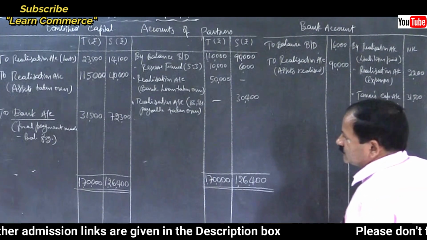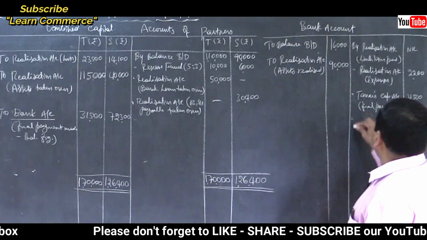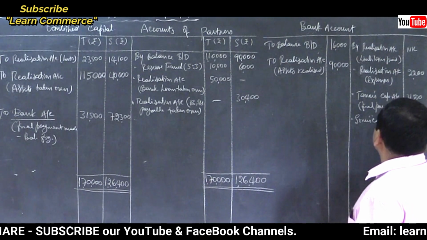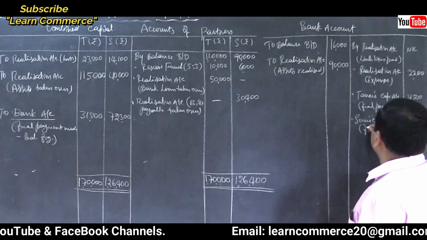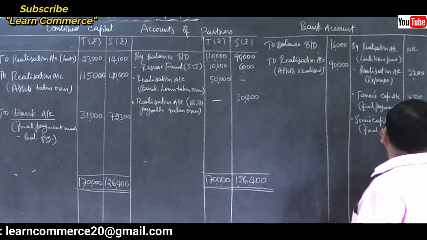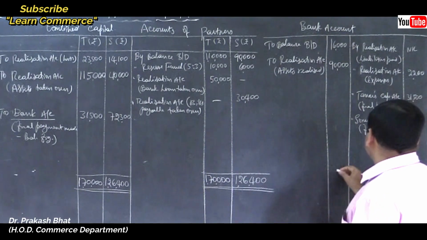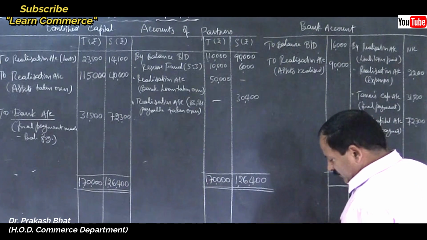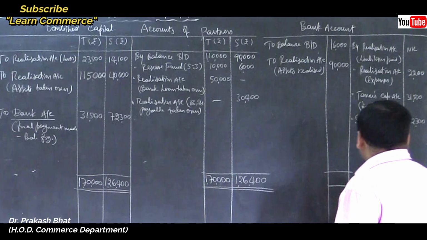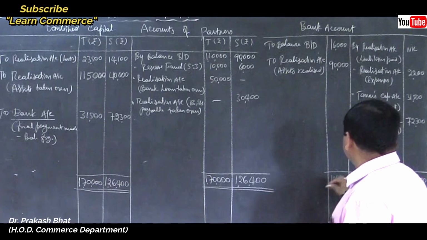Then by Sonu's capital account, final payment. How much is paid to Sonu? 72,300. Right? Yes. See whether it agrees or not. It must agree. It agrees. 1,06,000 is the final total of bank account. It's done.